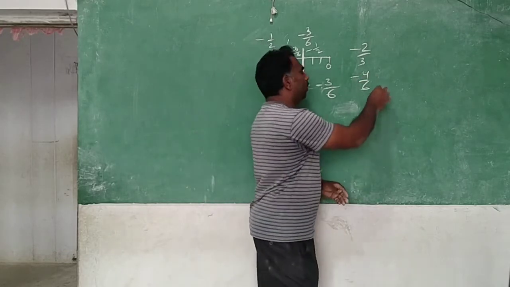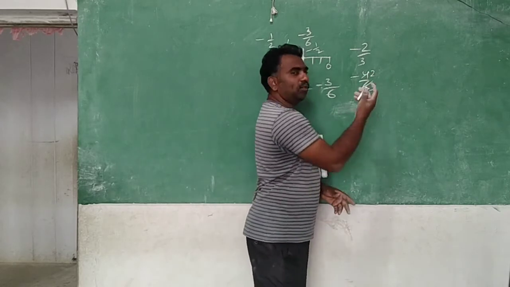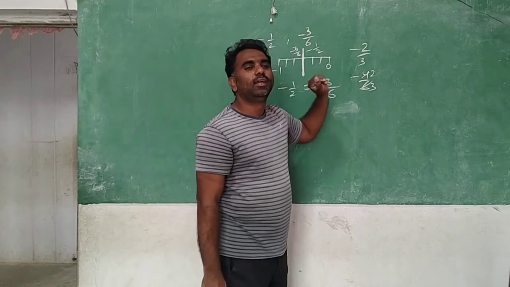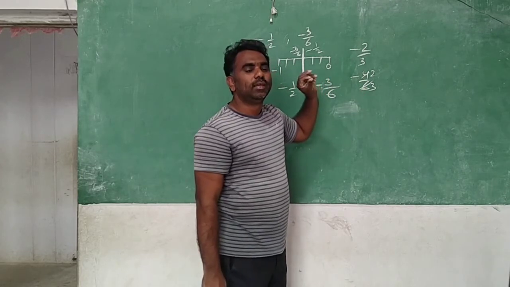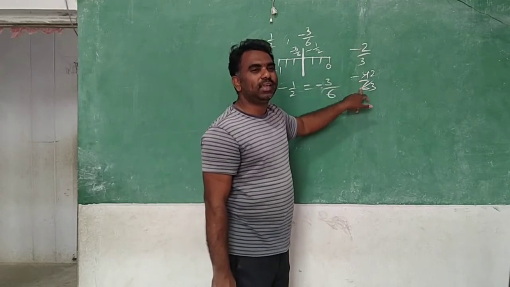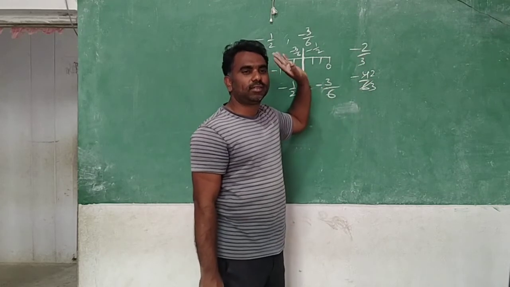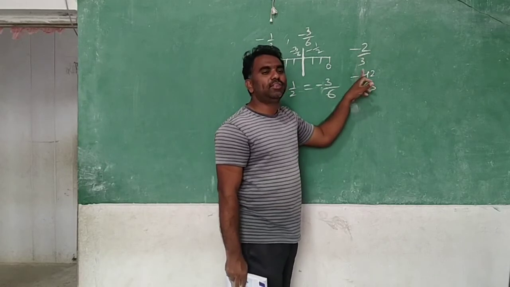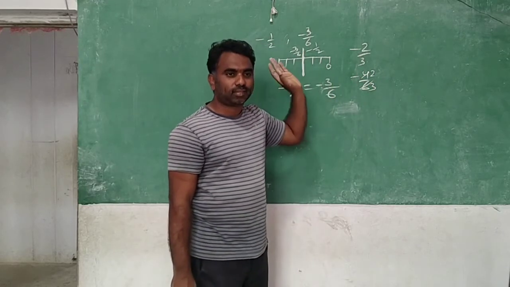Cancel them. 2 2s are 4, 2 3s are 6. What are you getting? Minus 2 by 3. This is also minus 2 by 3. What can we say? These are equivalent fractions.